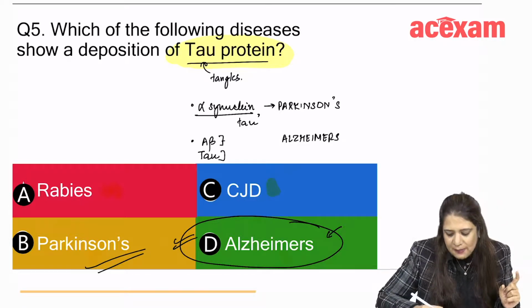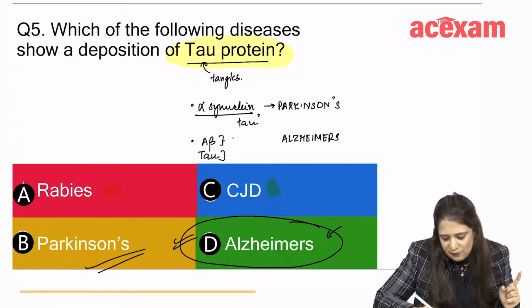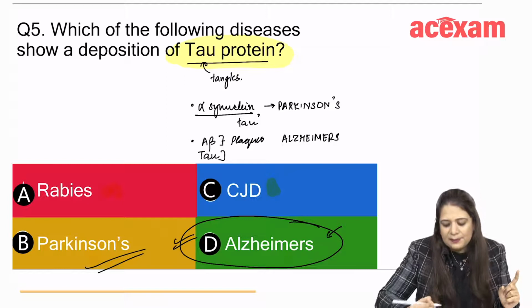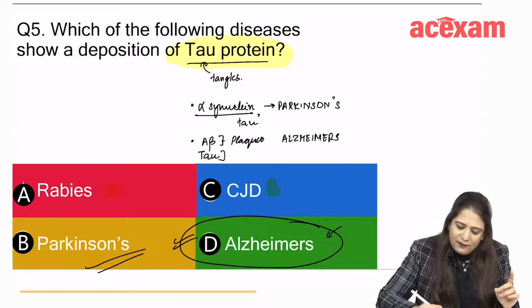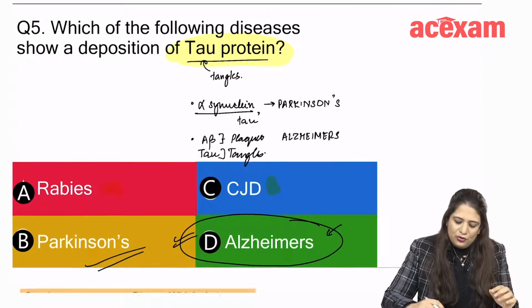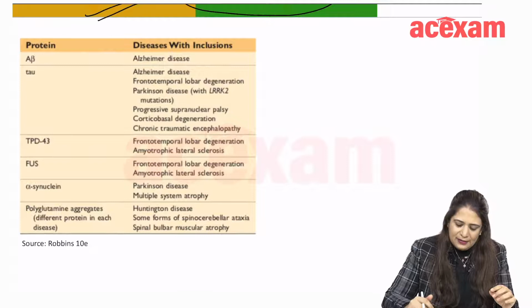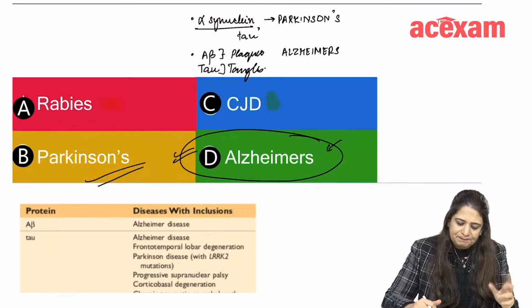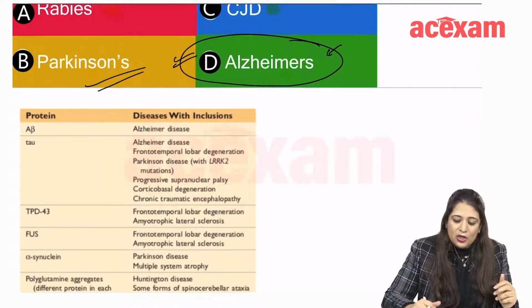So this A beta, that is amyloid, is the one which gives rise to the pathological finding, which is the plaques, as the tau protein gives rise to the finding which are the neurofibrillary tangles. So do you remember what are these tangles and what are these plaques?